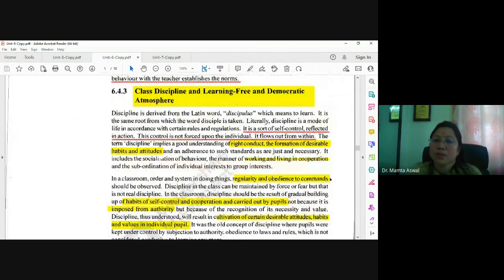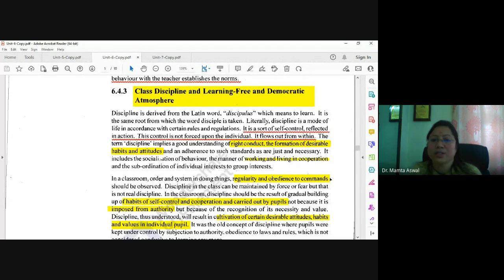Now, if you talk about discipline, there must be a democratic discipline, a democratic atmosphere, right conduct inside the classroom. The discipline must not be imposed upon the students by fear, because if the child is fearful, he will only obey when the teacher is there.